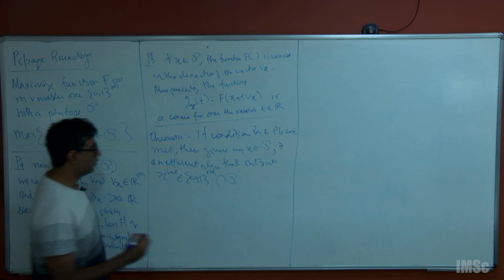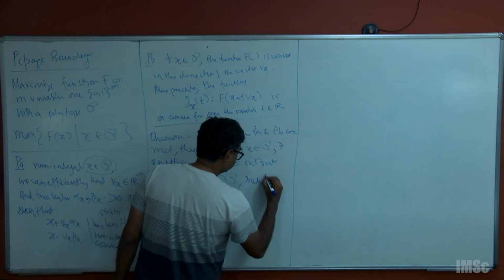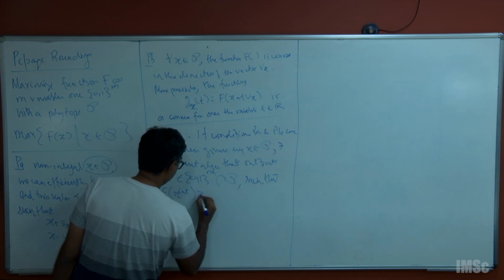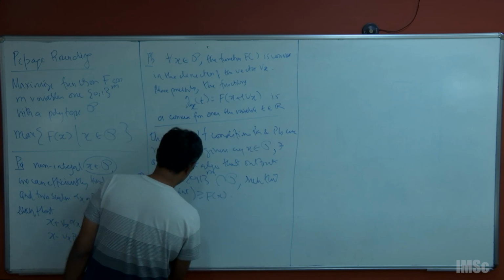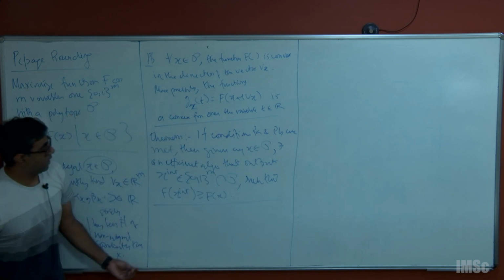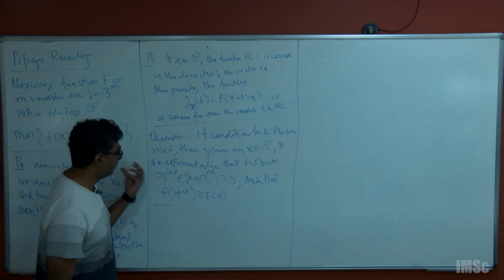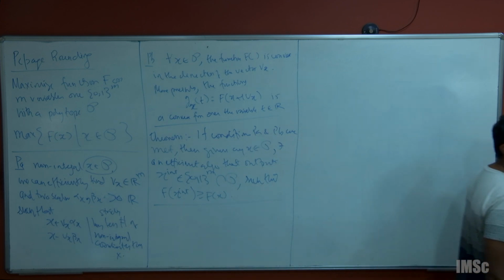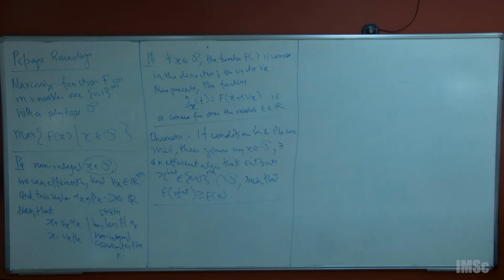And what is the property? Such that f of x_int is greater than or equal to f of x. So this is basically the rounding procedure: if you give me an x in the polytope, I will output an integral point in the polytope whose value is as good as it was for x.